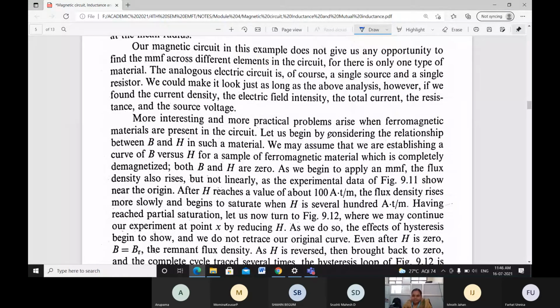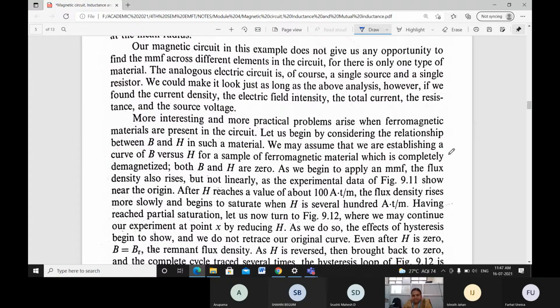Let us begin by considering the relationship between the B and H curve. We call that curve the hysteresis curve. In physics we know how the flux density and the magnetic field vary with respect to each other when the graph is plotted. The same thing we are going to learn here.